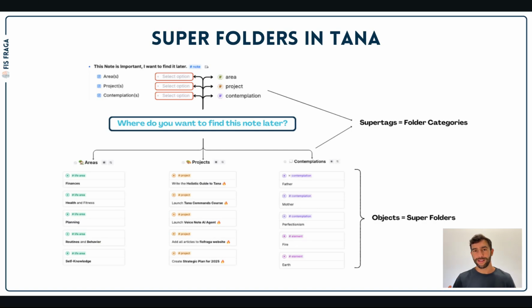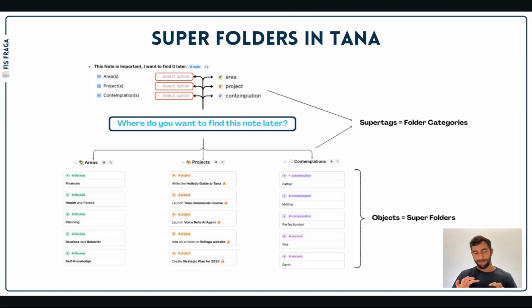Because according to the answer to this question, you will choose the values inside these fields. Each of these three fields is configured with a super tag. In order, they are the area, the project, and the contemplation. These super tags represent the folder categories in Tana.